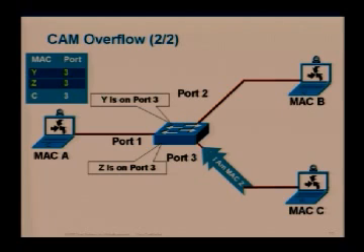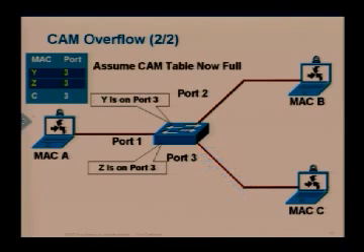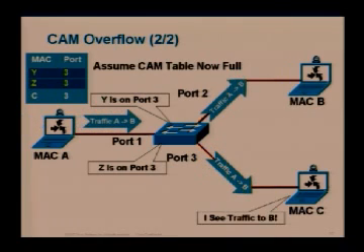So why is he trying to do that? What's the objective? Can anyone guess? Exactly. So what happens the next time A wants to send any traffic to B? What is the principal architecture of switching? When the packet comes in, the switch says, okay, you want to go to B, let me check my CAM table where Mr. B is living.